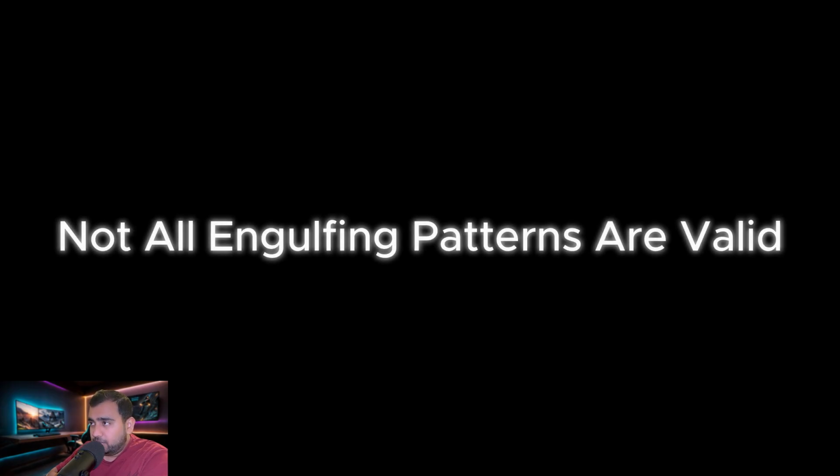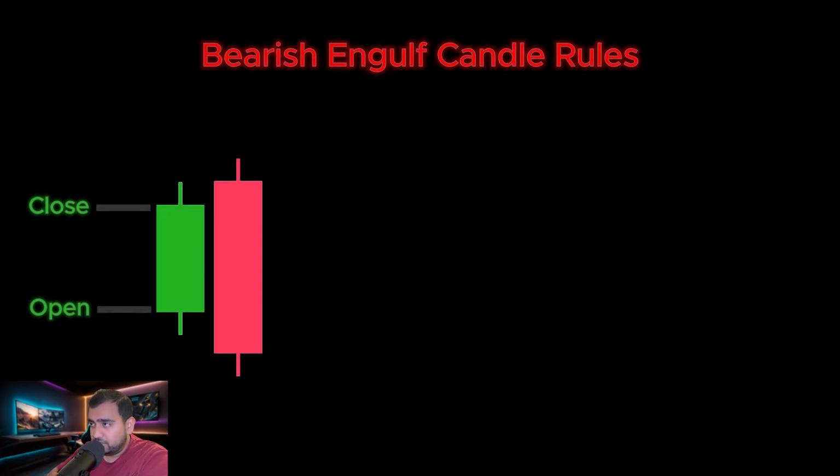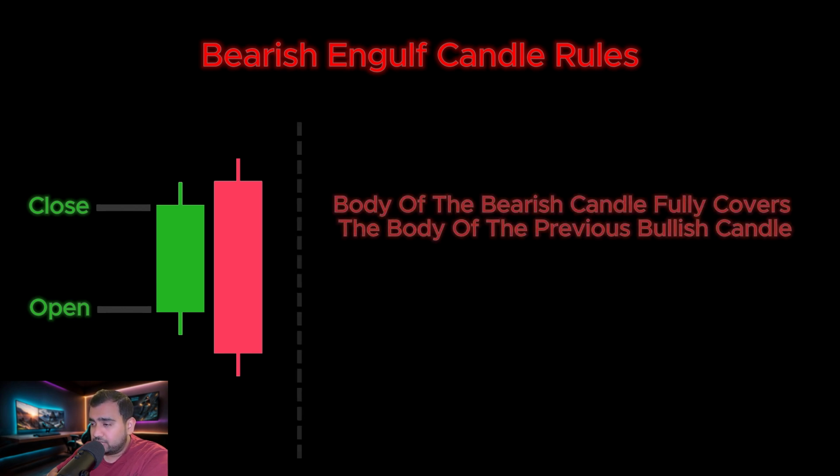Alright, we will dig more into it, but there are more things. Not all engulfing patterns are valid, so we have to use only strong engulfing patterns for our strategy. This is the bearish engulf candle, and there are a few rules I have created which you have to use specifically to trade with our strategy.